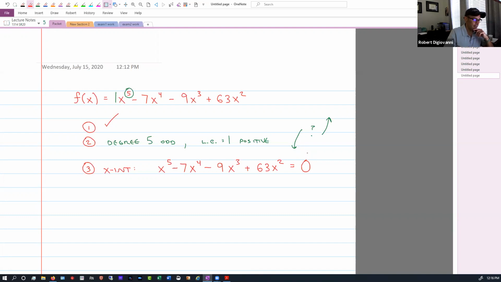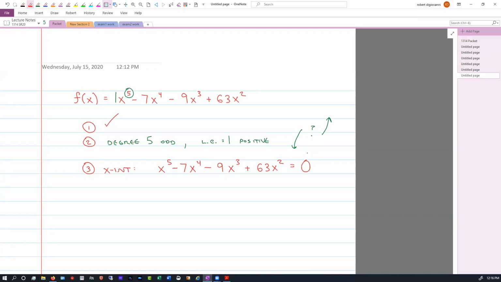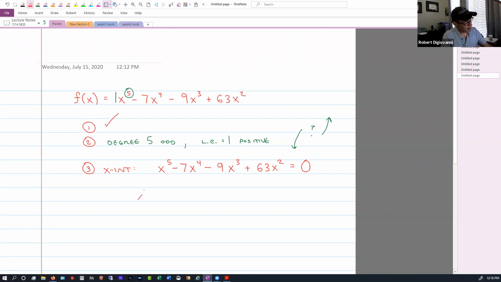They're common, right? But how about x's? Yeah, they all have at least 2 x's. So I can factor out an x squared, which would leave me with this. Is everyone okay with that step?